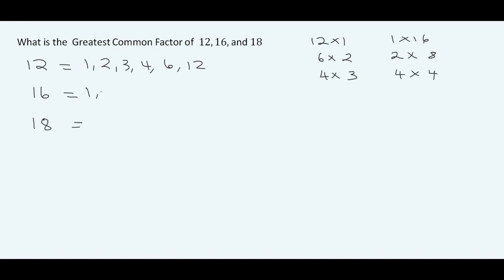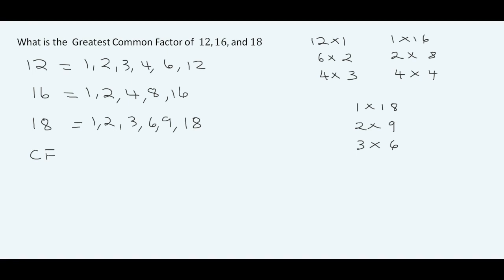So we have 1, 2, 4, 8, 16. For 18, we have 1 times 18, 2 times 9, 3 times 6. So we have 1, 2, 3, 6, 9, 18.